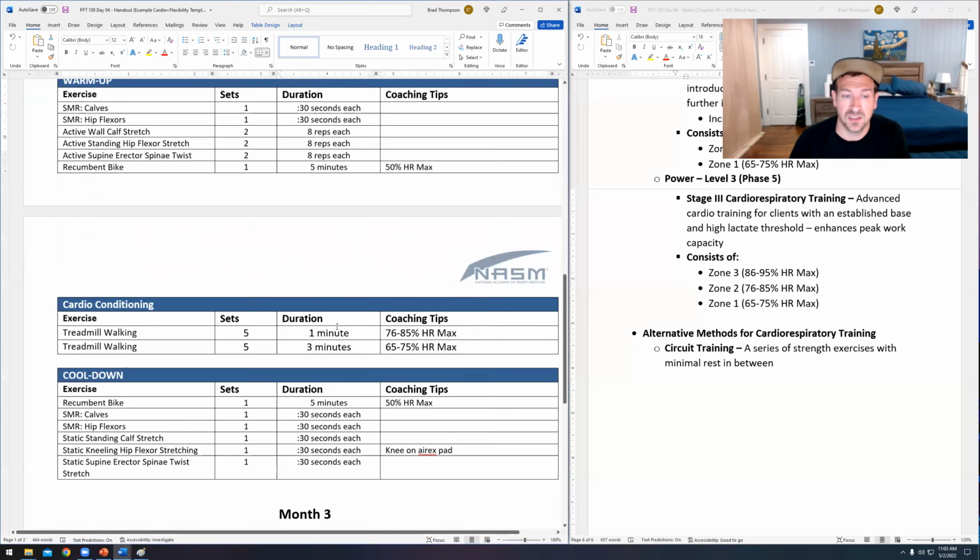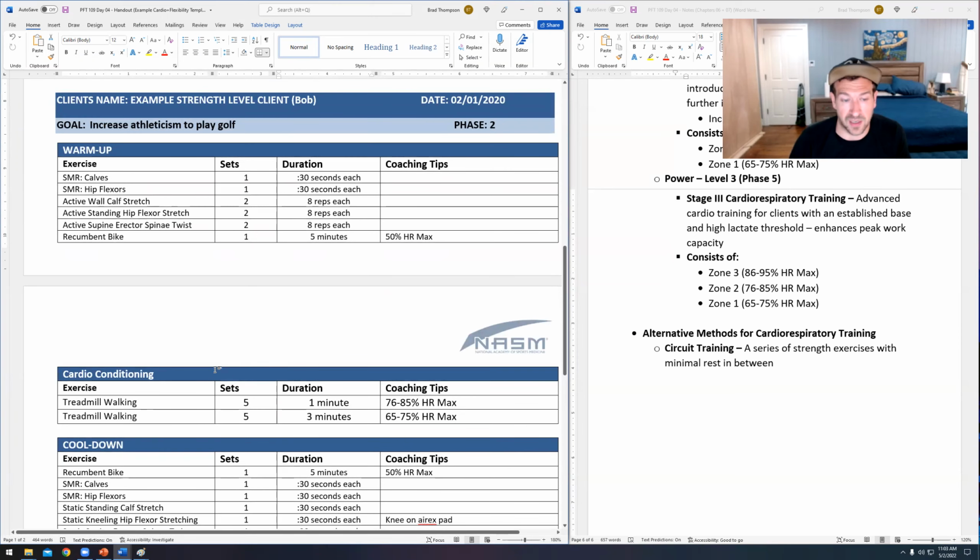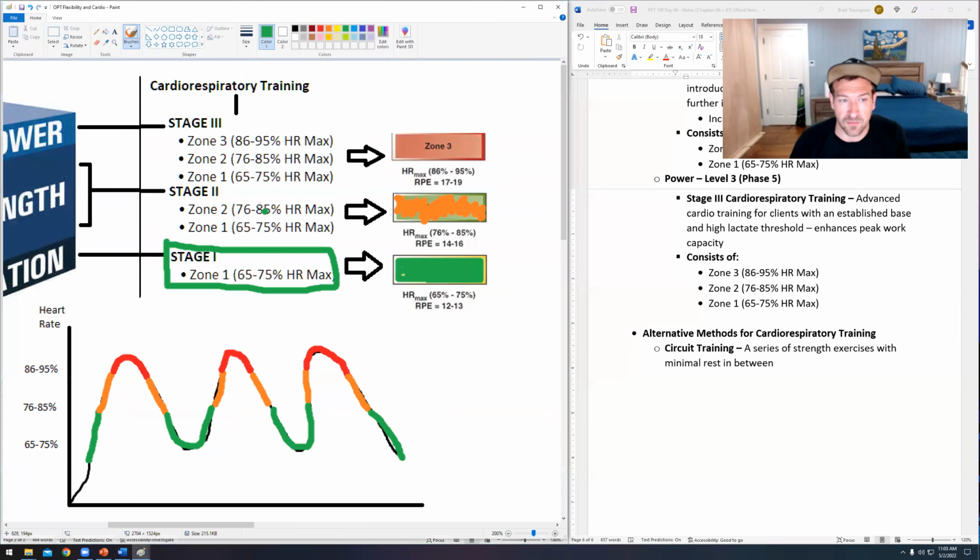But then we get him into his interval training, right? We do 1 minute of the hard and 3 minutes easy, right? So 1 minute in the medium hard, so zone 2, 3 minutes recovering in zone 1. And he just bounces back and forth between those two.